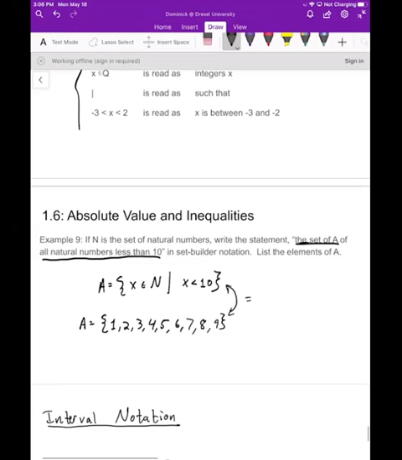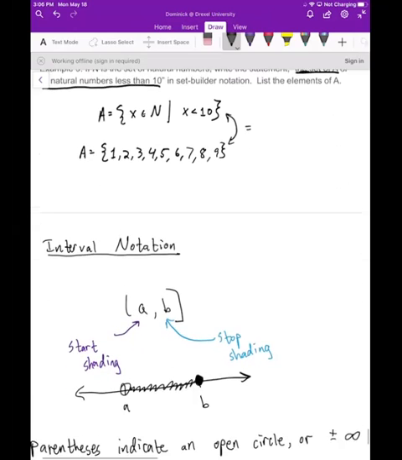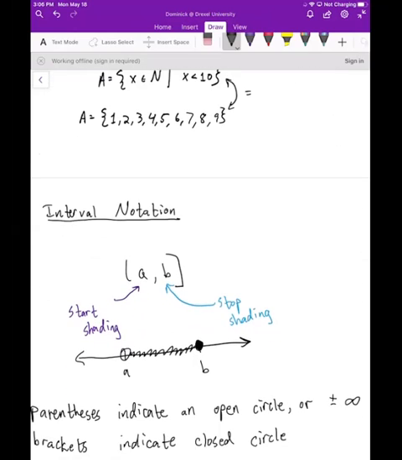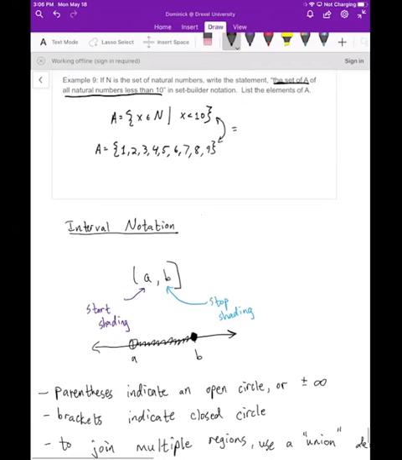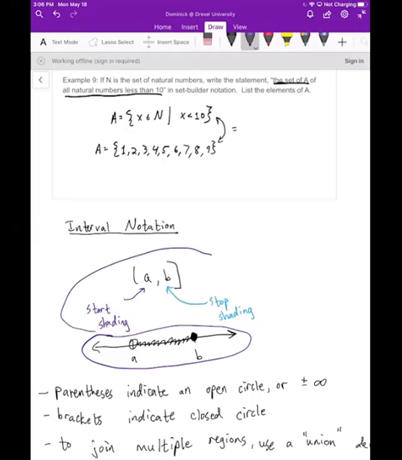Now, one final thing that I want to talk about here is what's called interval notation. Interval notation is used to take the number line representation one step further. So if we're given a number line where we're shading from A to B, and say at A we have an open circle, and at B we have a closed circle, we can write that equivalently in this form here.